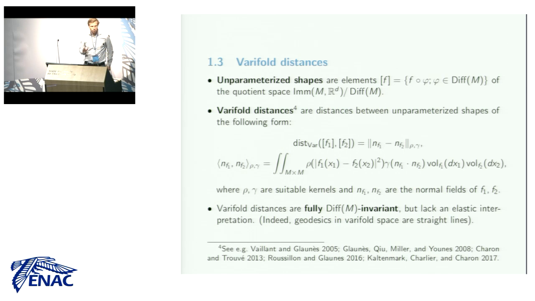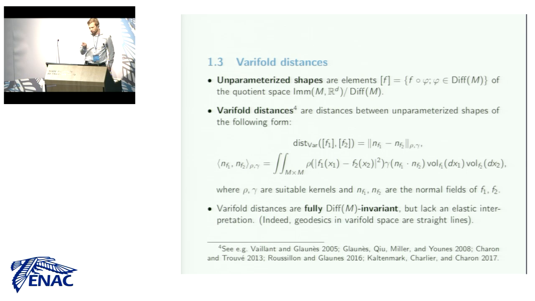It's not so easy to construct distances on this quotient space that are quickly and easily computable, but varifold distances are one great exception to this. They are distances of the following form. You start with a kernel rho and a kernel gamma, and they need to satisfy certain properties. But then what you do with them is use the kernel rho to measure the distance between the positions of these surfaces.